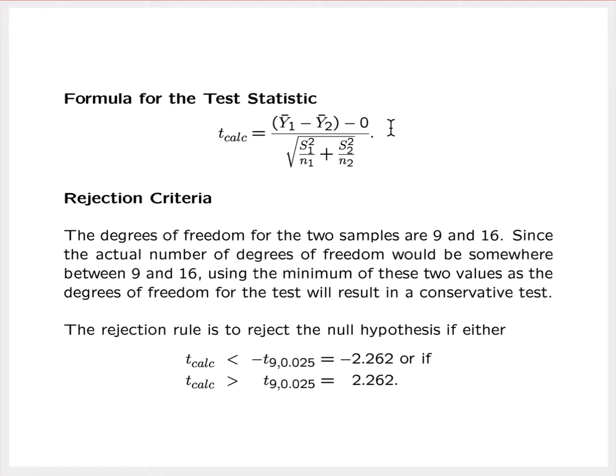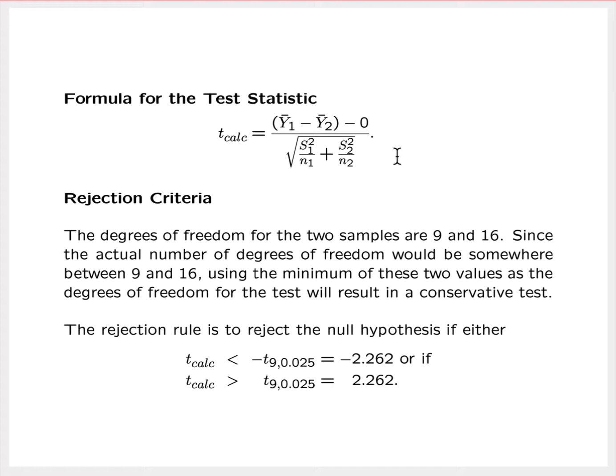The formula for the test statistic is the difference between the sample means minus the hypothesized value of that difference, which is 0, divided by the estimated standard error of the difference in the sample means. And so that is the square root of S1 squared over N1 plus S2 squared over N2. Now, the degrees of freedom for the two samples are 9 and 16, as we indicated previously.